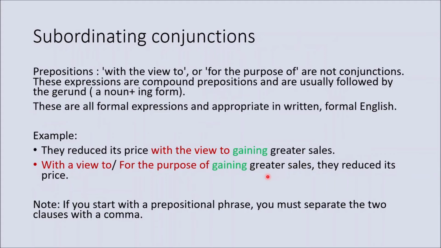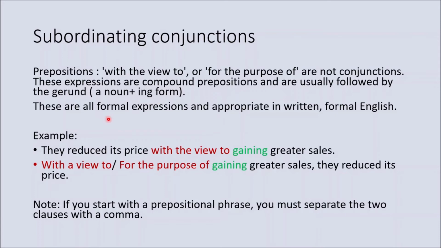Prepositions with a view to or for the purpose of are not conjunctions. These expressions are compound prepositions. It means in their form they have two prepositions, for, of, and they are usually followed by a gerund. Gerund means a noun plus an ing form.